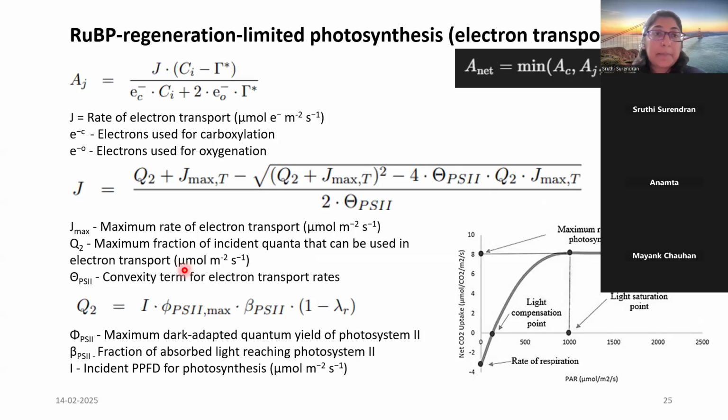Then we have the RuBP regeneration limited photosynthesis, which is given by this equation: J into (Ci minus tau star) divided by (Ec Ci plus 2 Eo tau star). Here J is the rate of electron transport, Ci is the carbon dioxide concentration inside the leaf, tau star is the carbon dioxide compensation point, Ec is the electrons used for carboxylation, and Eo is the electrons used for oxygenation.